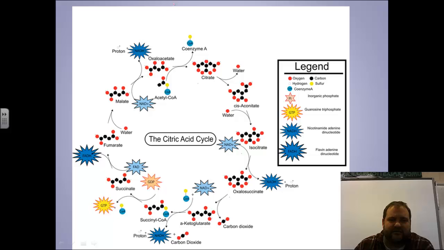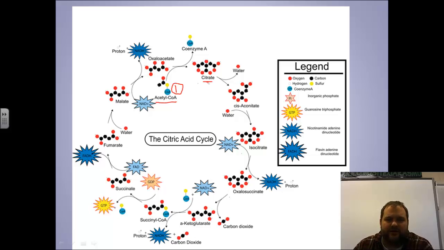We ended with that acetyl-CoA, or acetyl coenzyme A, so we're starting here. Acetyl-CoA goes into this process. It meets up with this molecule that has 4 carbons, and we generate citrate, which has 6 carbons.